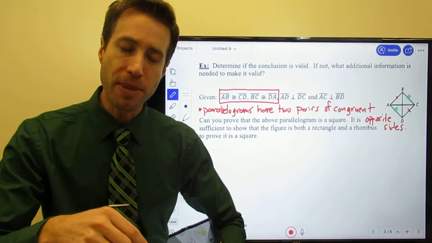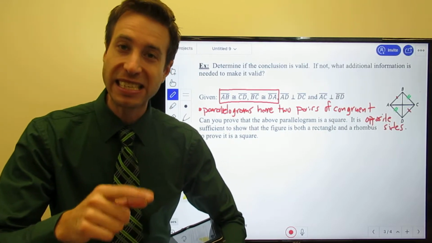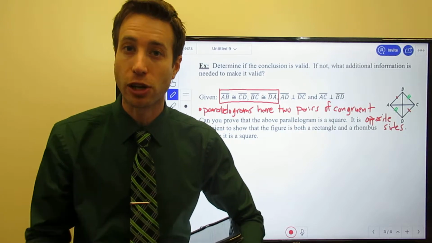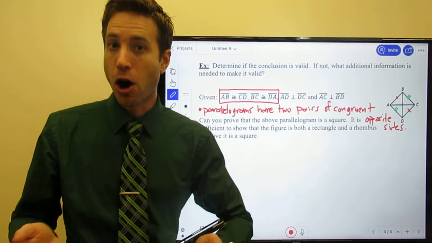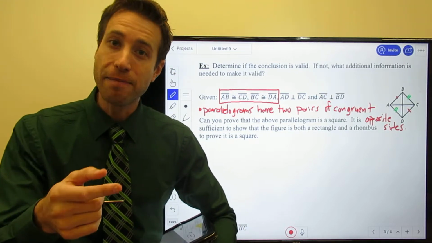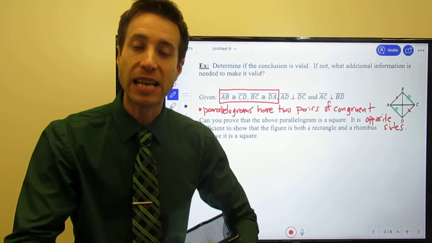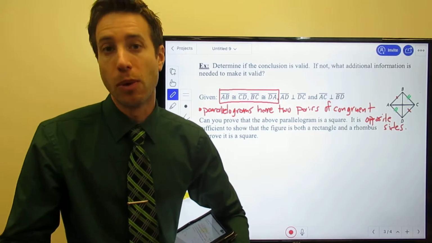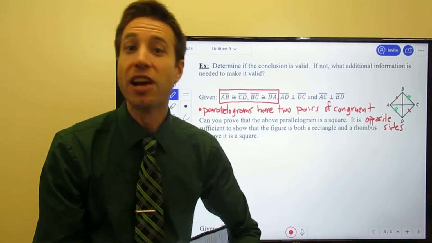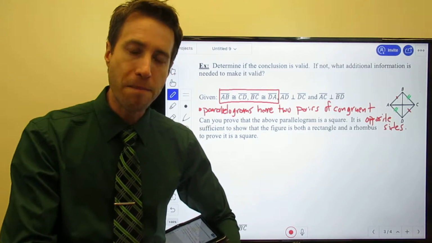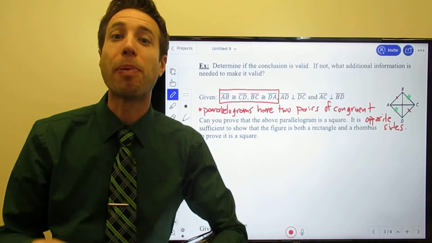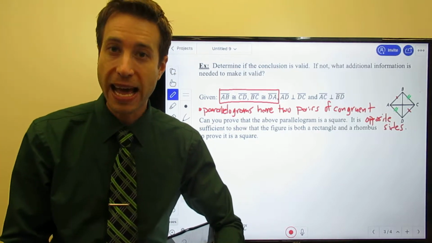But then for a rhombus, the properties of rhombuses is that consecutive sides are congruent. And of course in a square, all four sides are congruent. Then, for a rhombus, the diagonals have to be at 90 degrees. Well, of course, for a square, the diagonals are at 90 degrees. And then finally, for a rhombus, the diagonals must bisect opposite angles.